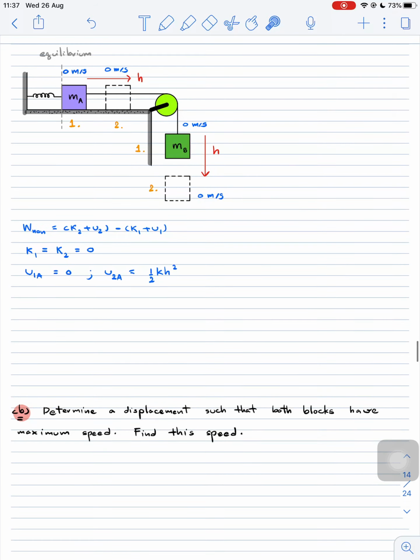Now, if we consider the block MB, MB doesn't connect to the spring, so it doesn't have elastic potential energy. But you can see that MB just moves in the downward direction with a displacement equal to H. So let's say we define the reference level to be this one.